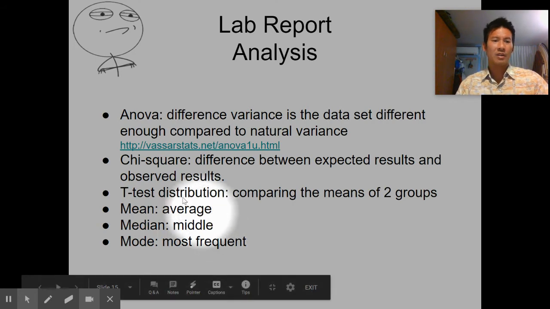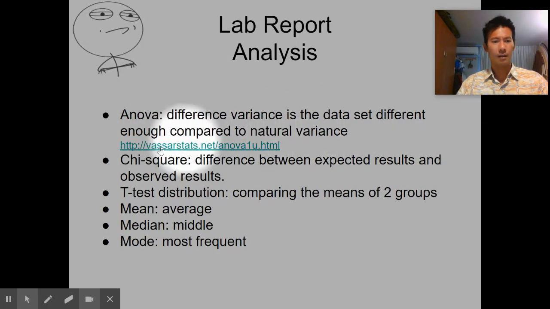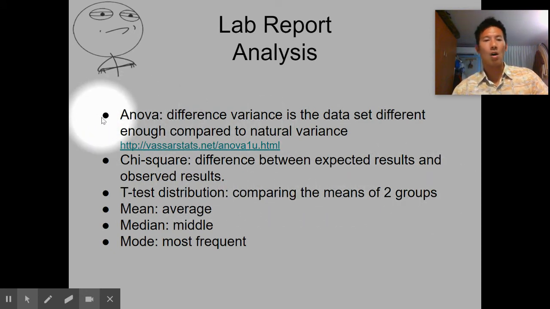Now keep in mind that these three are the ones that will tell you whether you accept your alternate hypothesis or your null. They'll tell you whether the change or the data is significant enough to accept the alternate.